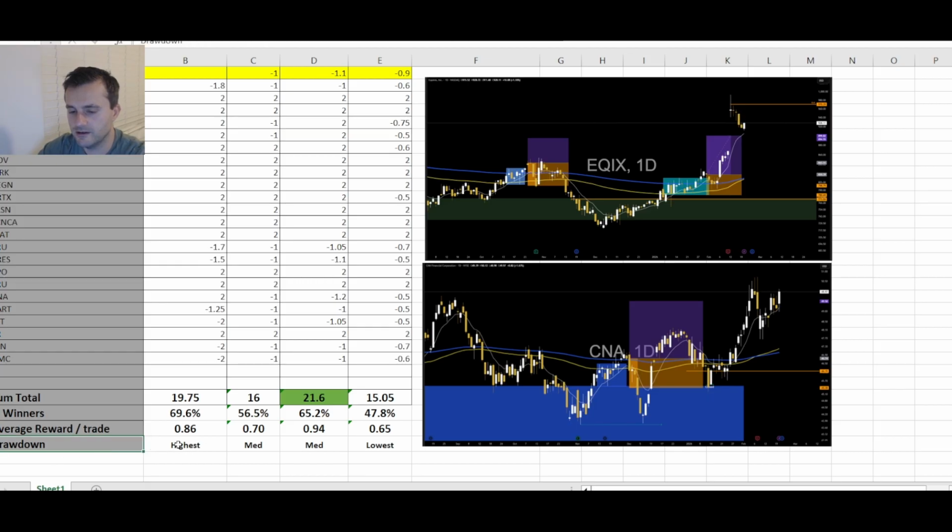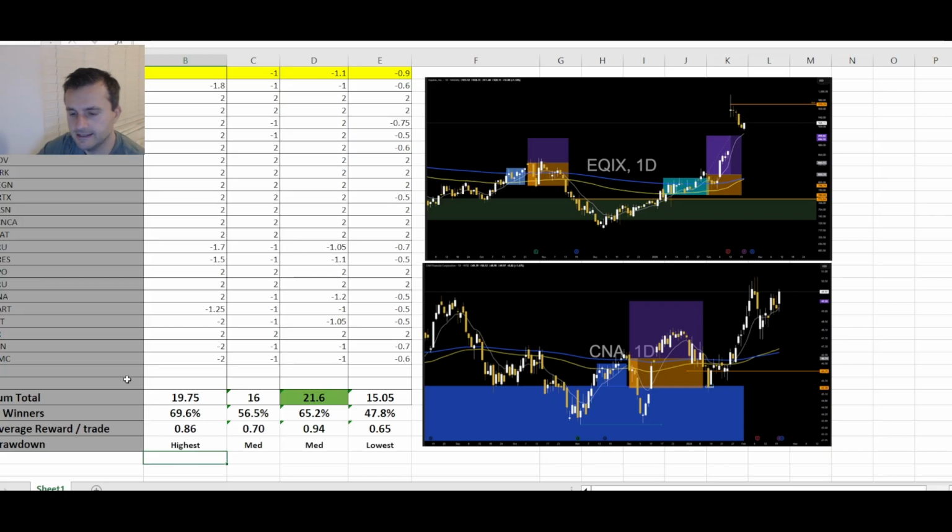Now the drawdown, I just have them as highest, medium, lowest, as opposed to actual numbers, because I did not go through the effort of adding entry dates and exit dates for each of them. But I think if you scan the numbers properly, you'll understand what I mean by the drawdown.